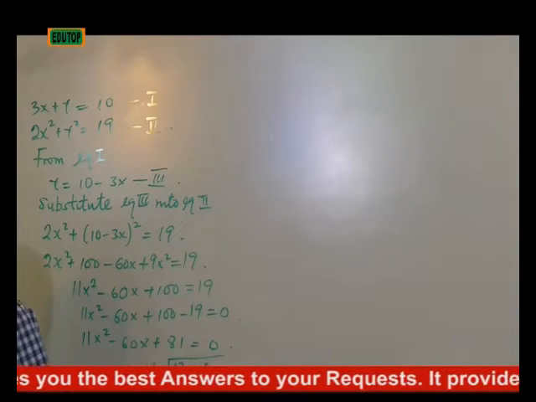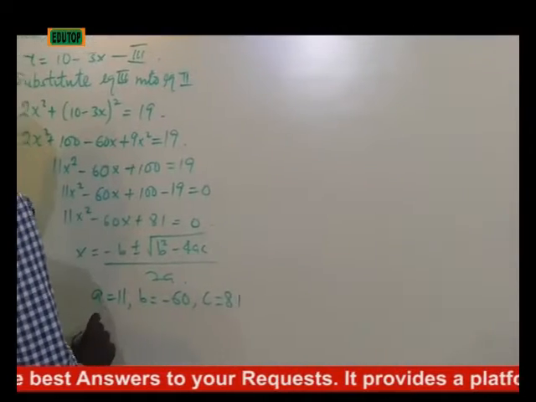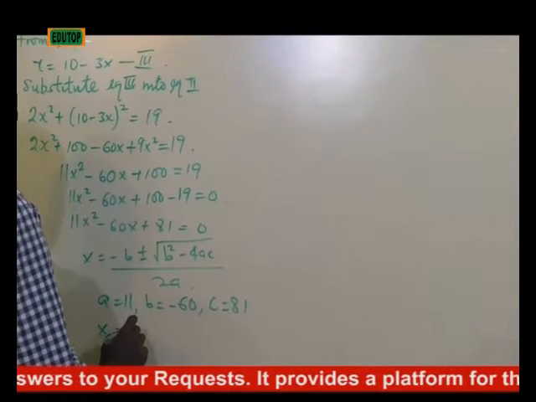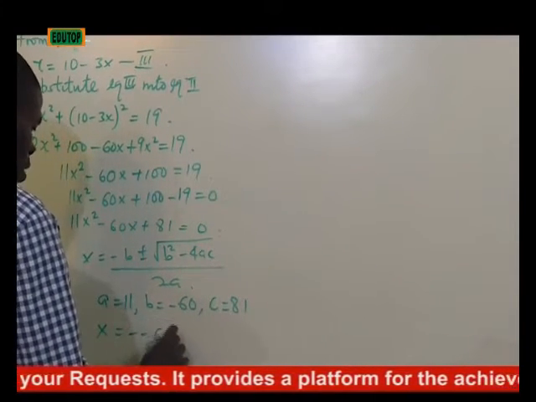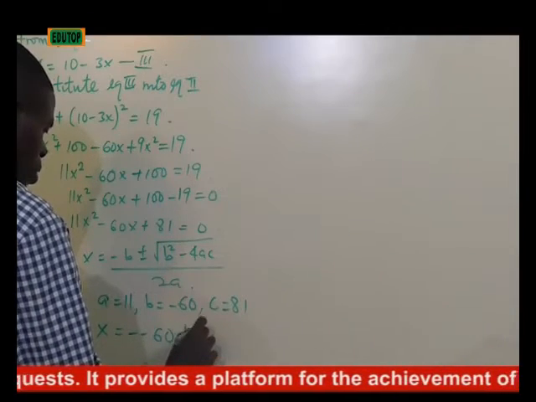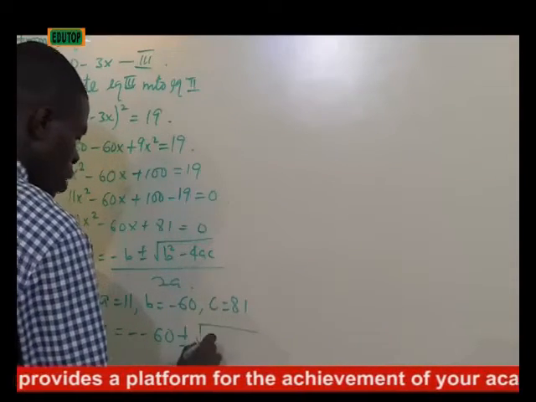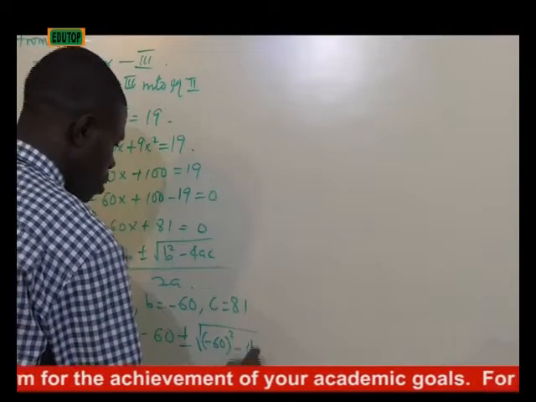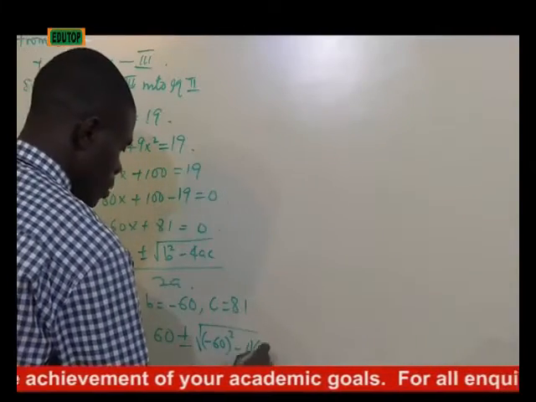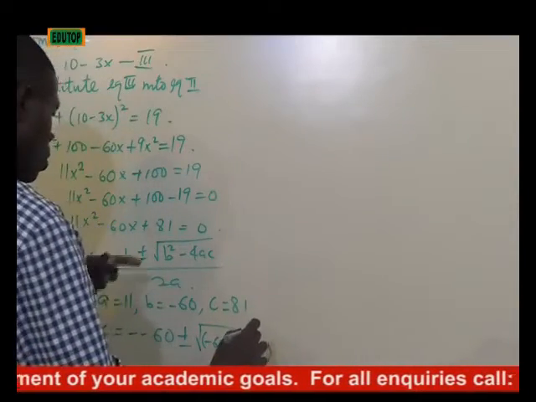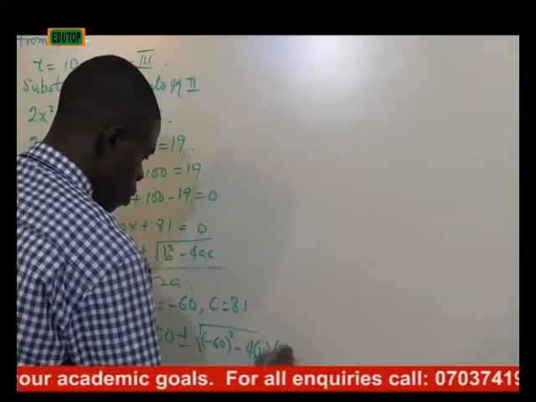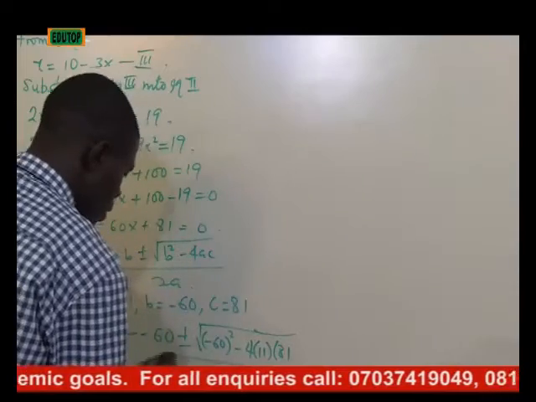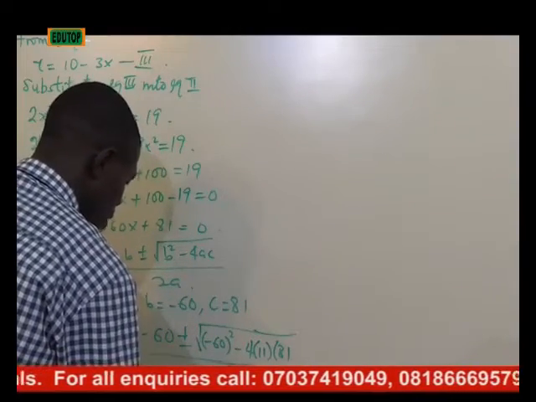And here x will definitely be minus b, that's minus 60, plus or minus square root of b squared, that's minus 60 squared, minus 4 times 11 times c, which is 81, over 2 times 11.